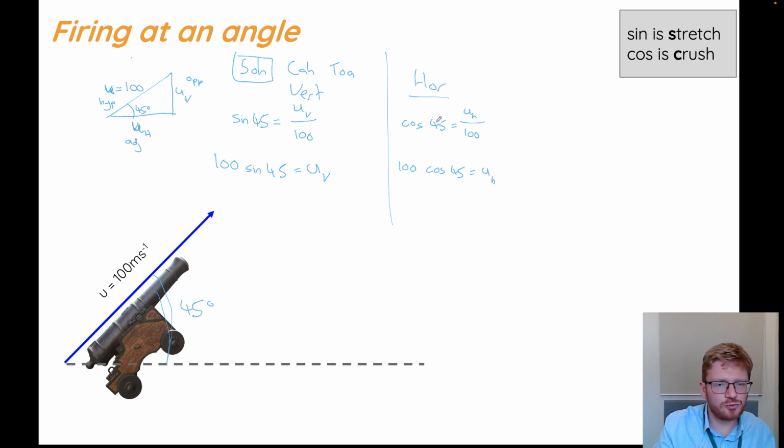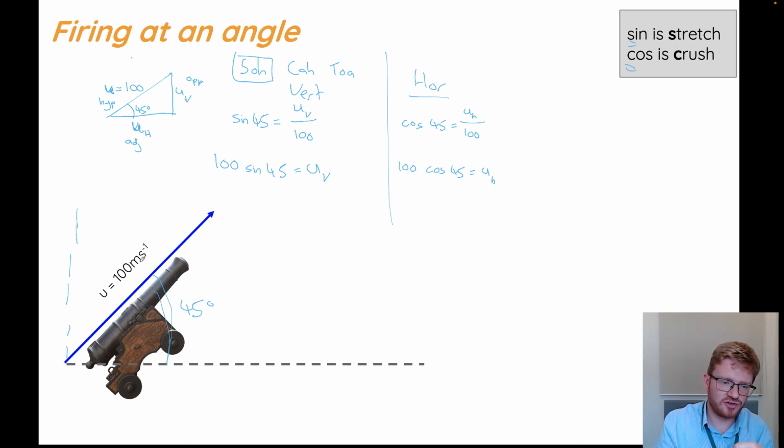Now there's a general rule that you can remember for this. Sine is a stretch, cos is a crush. What does that mean? It means if I have any vector and I want to split it into horizontal and vertical components when it's got an angle, to find the vertical component, I'd have to take this 45 and stretch it out.